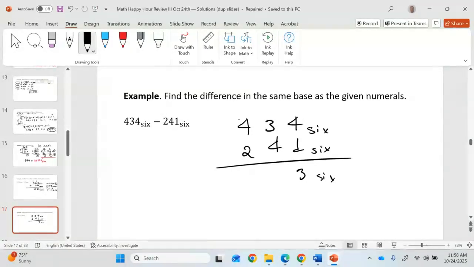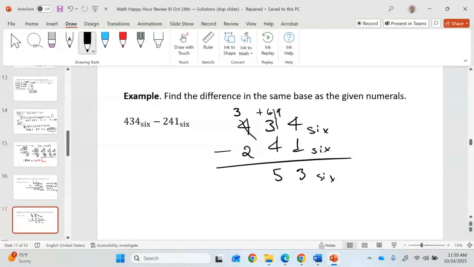So I need to borrow 1 from here. So I subtract 1, so the 4 becomes a 3. But because we're in base 6, you're actually adding 6. So 6 plus 3 creates a 9. And if I subtract, 9 minus 4, I get a 5.